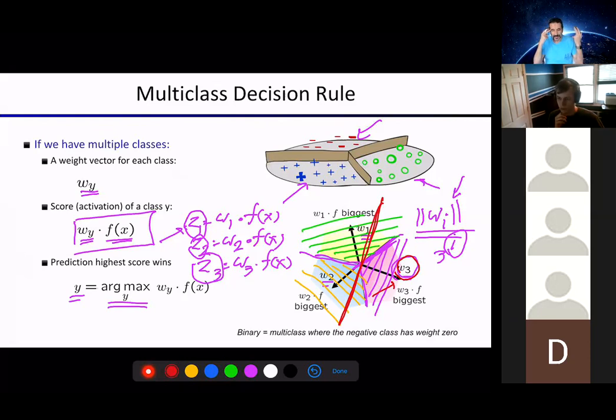It's better to think about this mathematically, instead of thinking that this is really three binary classifiers, because it is essentially not. We have three classes, and for each class we have a weight vector.